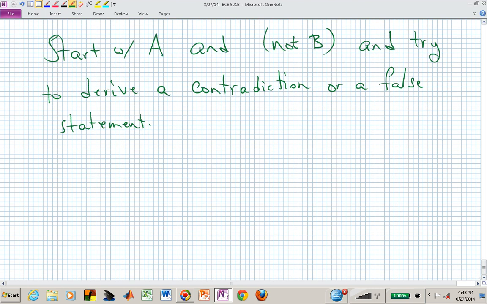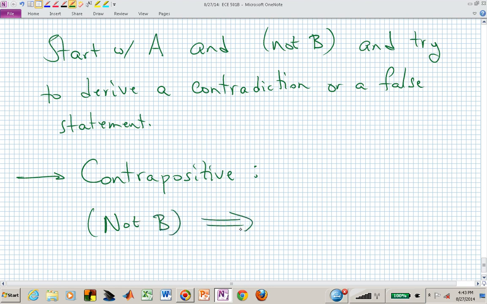Besides contradiction, then we have contrapositive. Proof by contrapositive means you start with not B and show what?